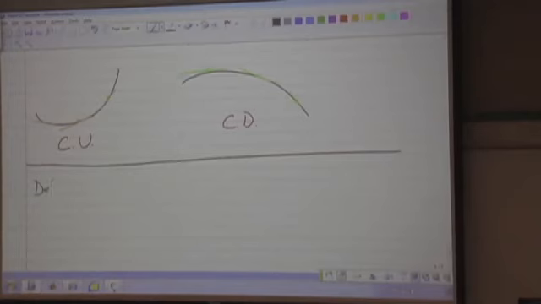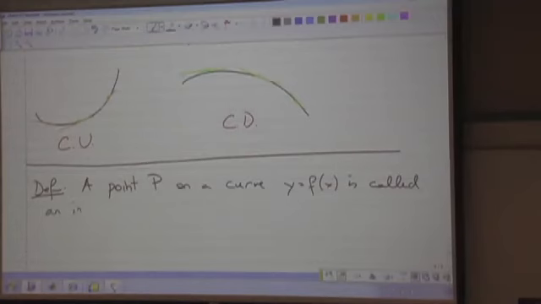Another definition says the following. A point capital P on a curve y equals f of x is called an inflection point if, and I'm going to write things a little differently than your textbook. Your textbook says if the curve changes from concave downwards to concave upwards, or from concave upwards to concave downwards.